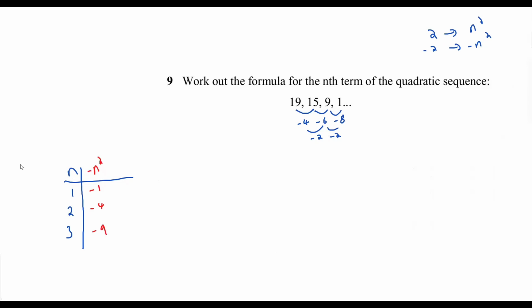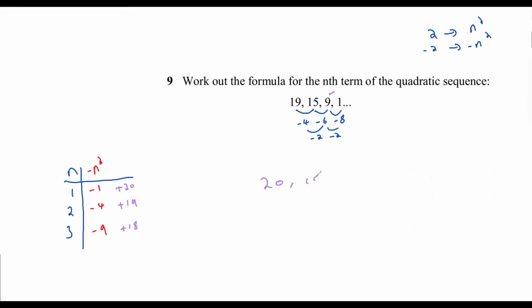Then we check how far away we are from the numbers. If I'm starting at negative 1 and I want to get to positive 19, I need to add 20. If I start at negative 4 and need to get to 15, that's add 19. If I start at negative 9 and want to get to positive 9, that's add 18.